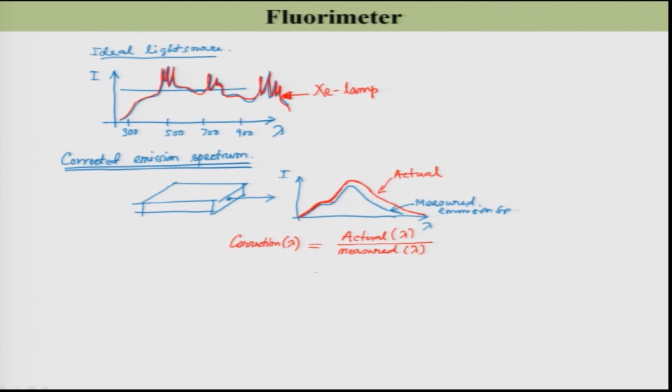So, what you will get? You will get a correction term as a function of lambda in this case. That means, whenever you are going to measure some spectra, you simply have to multiply your spectra with this correction file, right. So, in this case what you are going to get is the correction file.